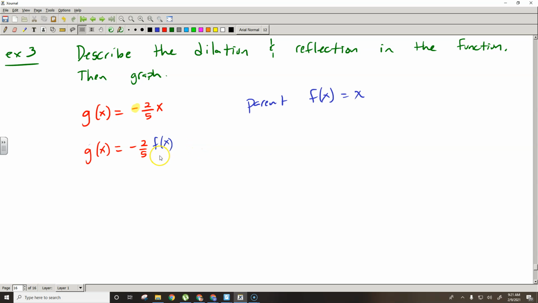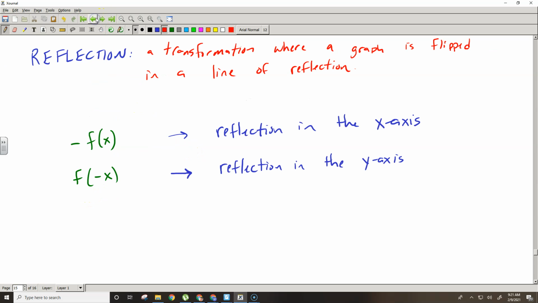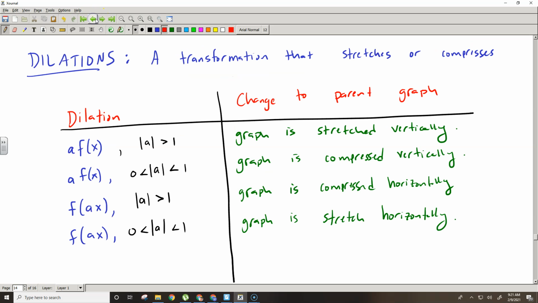So if we think back to what this is going to be, right? We have an a value. My a value, or my multiplier here, is negative 2/5. So because it's negative, right? If we go back to those a values, we're kind of looking at this one right here.